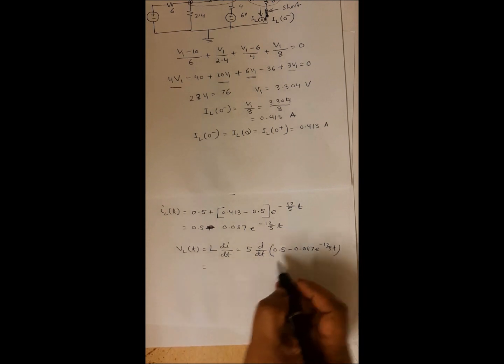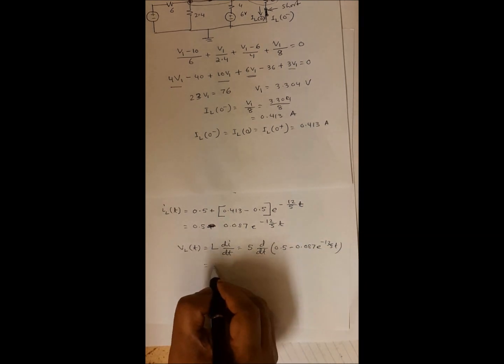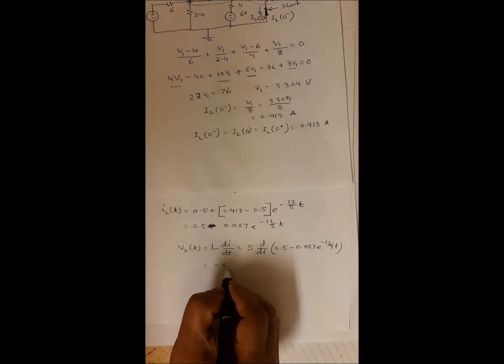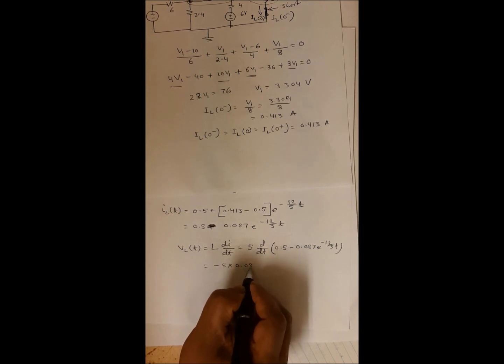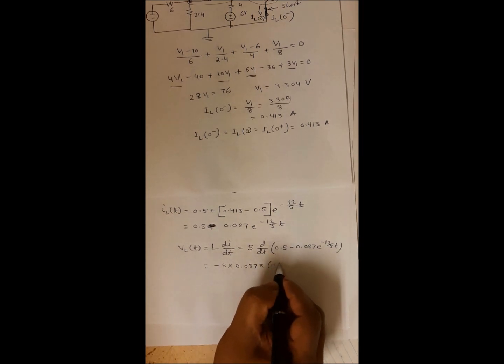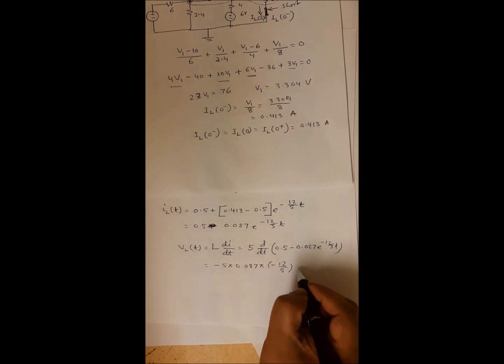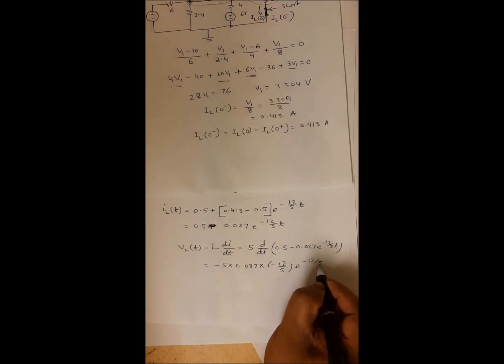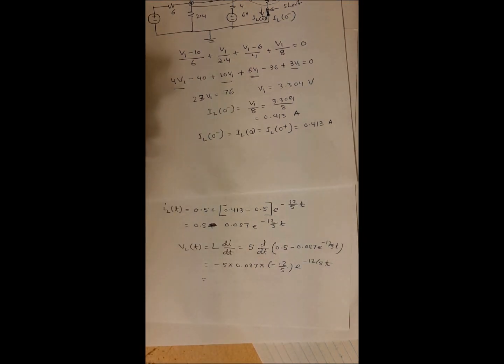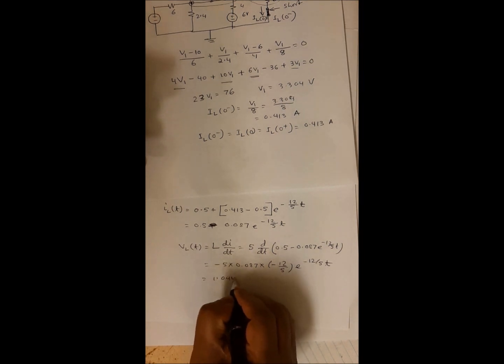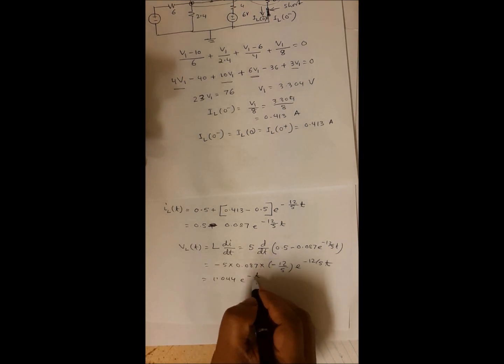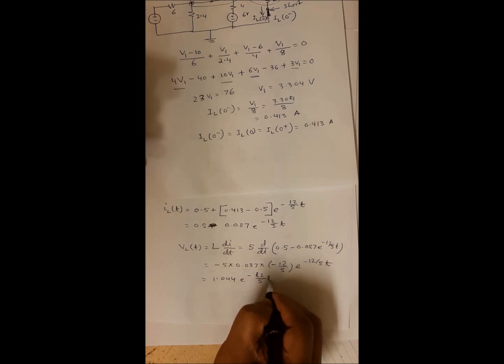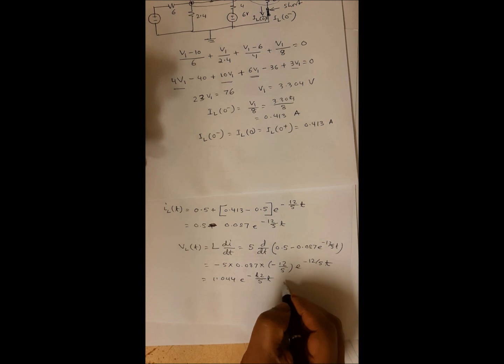The derivative of the constant is 0, so it will be negative 5 times 0.087 times negative 12 over 5 e to the power negative 12 over 5 t. So that will be 1.044 e to the power negative 12 over 5 t. So that's the voltage.